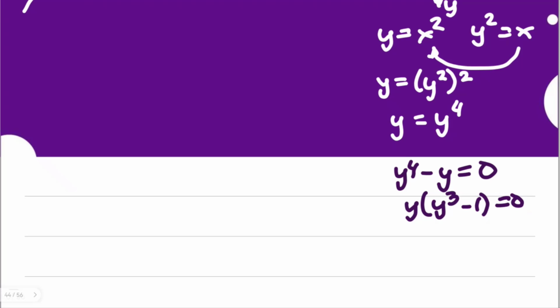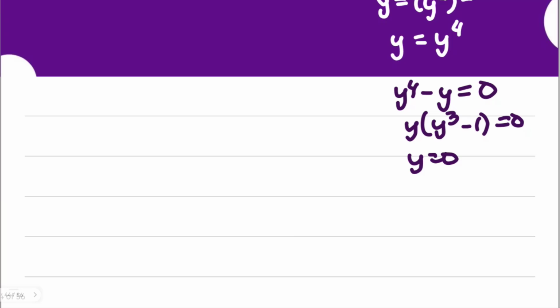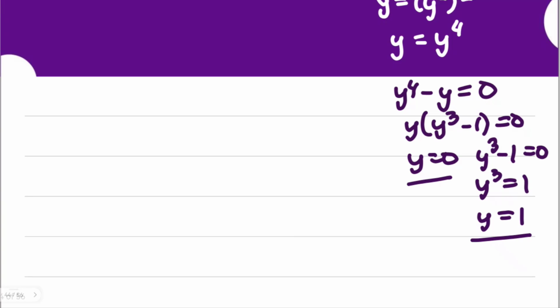What would be the values of your y? It would be y is equal to 0, and y cubed minus 1 is equal to 0, or y cubed is equal to 1. So y is just equal to 1. So you have two values for your y, 0 and 1.